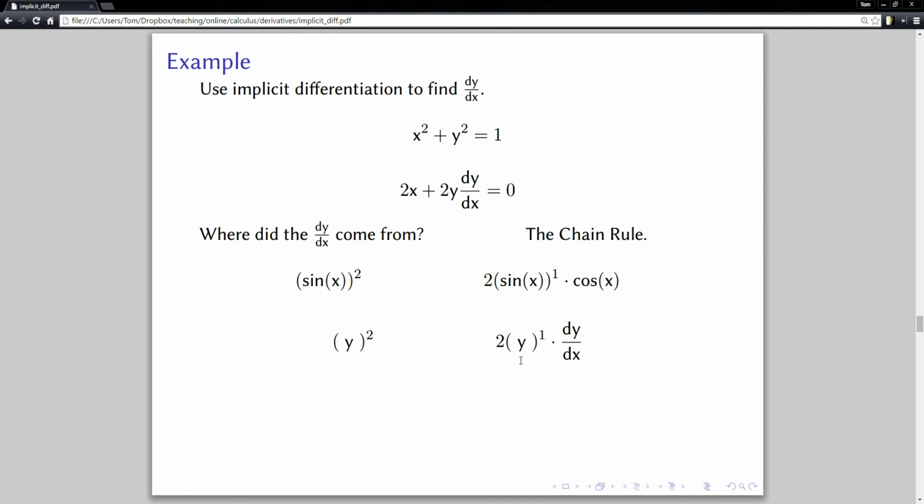Here, all we know is that that is taking the place of some more complicated formula, and so we couldn't really say what the derivative of y is, so we just put this symbol right here, dy dx. If you ever figure out what y is, just put its derivative right here. In the meantime, we're just going to put this little symbol right here to denote that we completed the chain rule by multiplying by the derivative of the inside part. Okay, so that's where the dy dx came from.